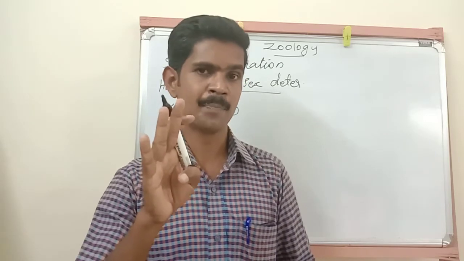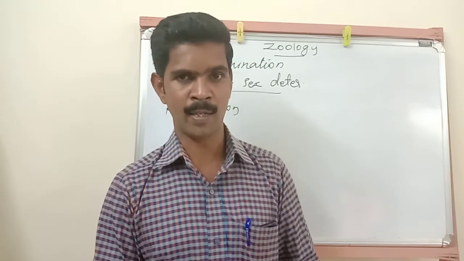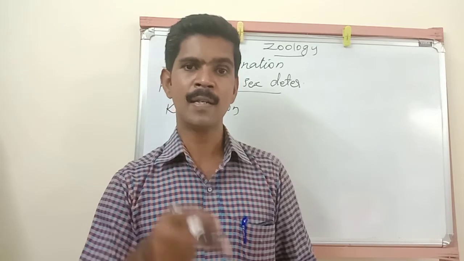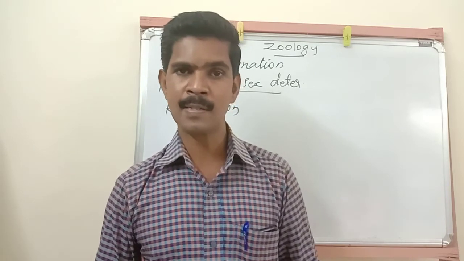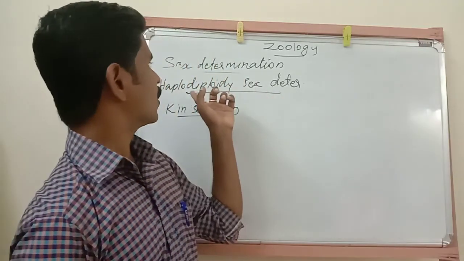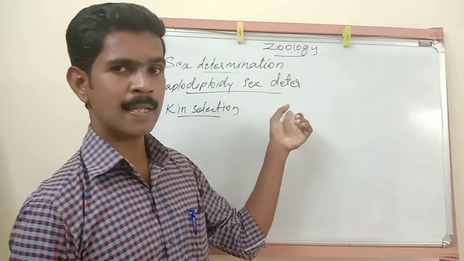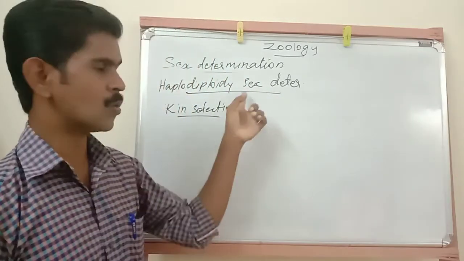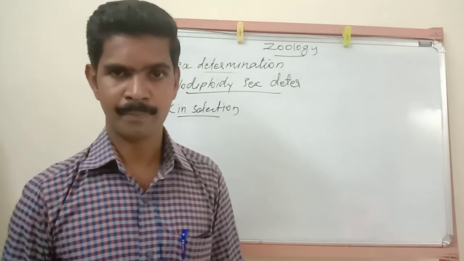So 4 types of sex determination we have studied today, and sex determination in human beings also. Finally we studied haplodiploid sex determination and kin selection. These two are important 2-mark questions.